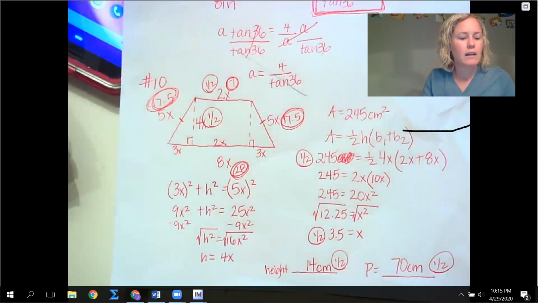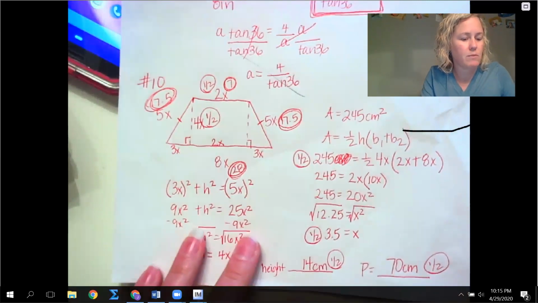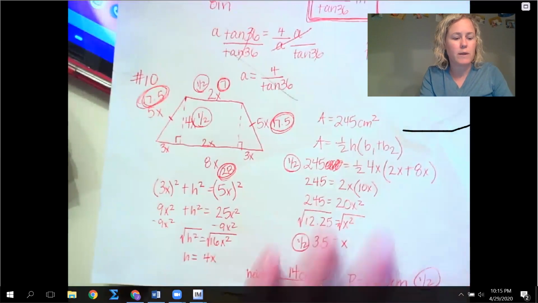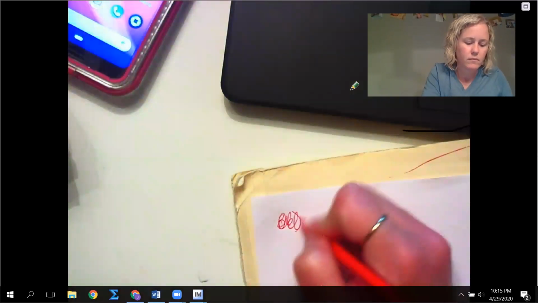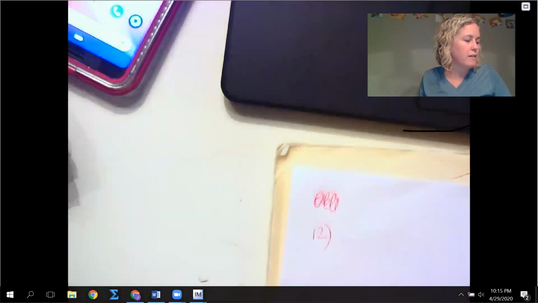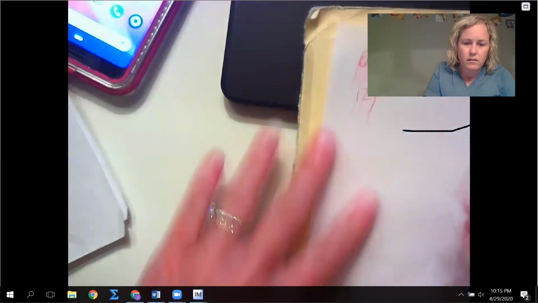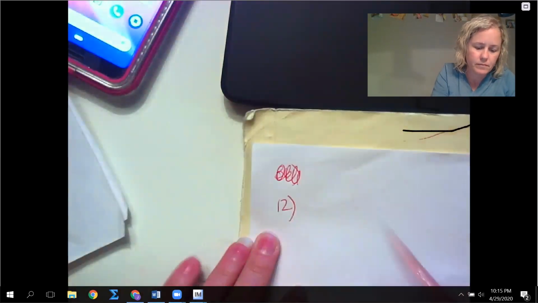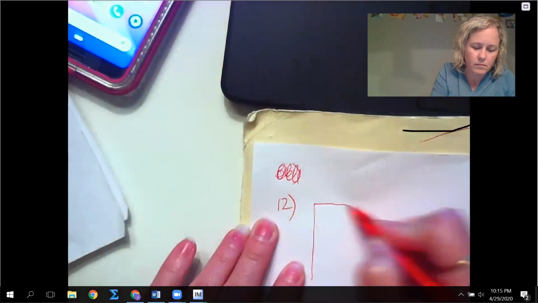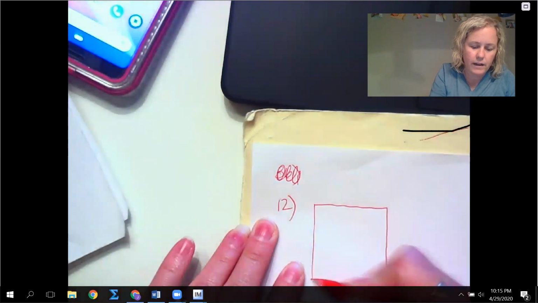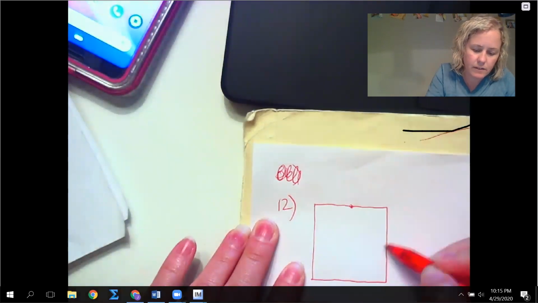Okay. Another question that you guys asked a lot about was number 12 on the quiz. We had like a square inside of a square.